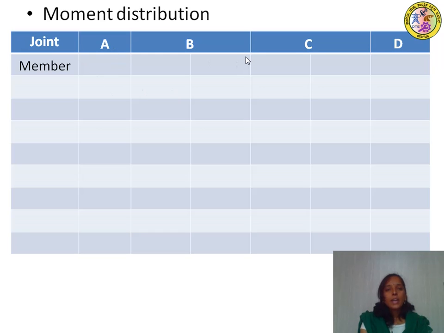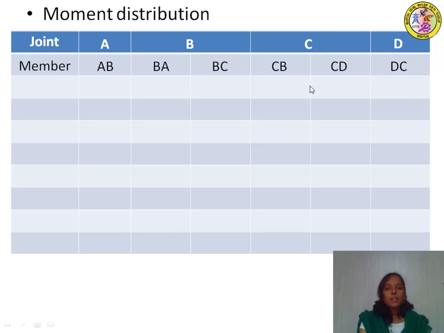Members coming under each joint are written in the second row. Under joint A we have member AB, under B we have BA as well as BC. Next under C we have member CB and CD, and then under joint D we have member DC.